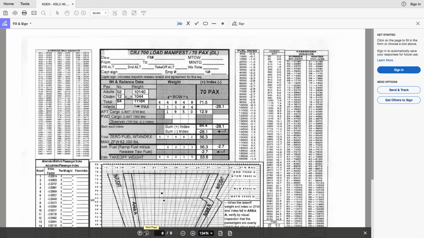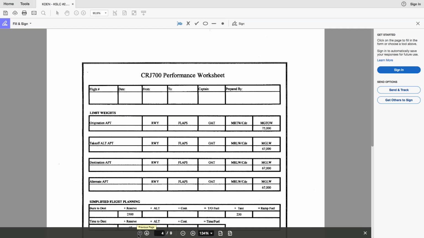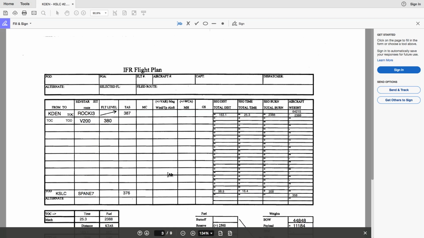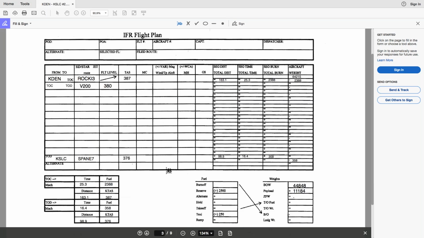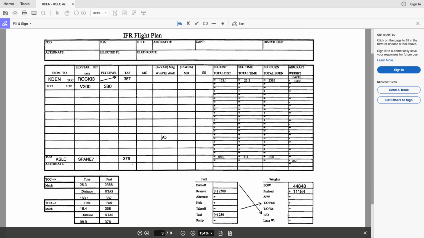So we figured all that out. Now what do we have to figure out? Our takeoff and landing speed. So we've already figured out a lot of this, right? So we go from this to the IFR flight plan. Now we've got everything figured out up to now.